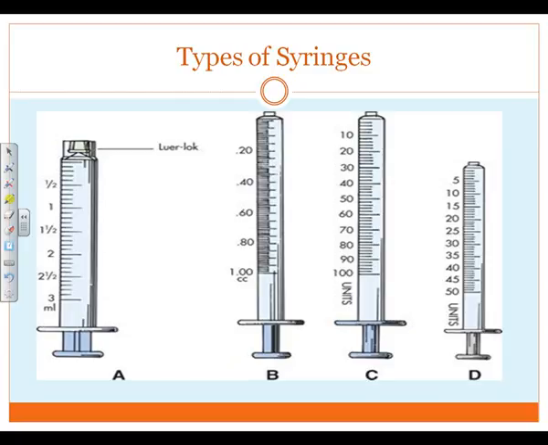Because if I look from 80 to 90, that has to be 2, 4, 6, 8, 10. So each little line is 2 units. So if I drew up 84, I'd have to go here.